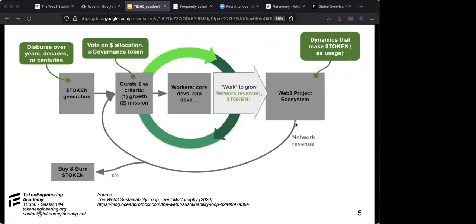If at the outset there is a fixed number of tokens and the protocol keeps 20% for the treasury and for use, well, if they're burning revenue off the protocol every time, then they could put themselves in a situation where they have to use the treasury to fund future development. And by limiting their treasury over time, depending on how their token is engineered and what the governance structure is, they could potentially have a hostile takeover where another entity comes in and buys up a larger portion of the token base.